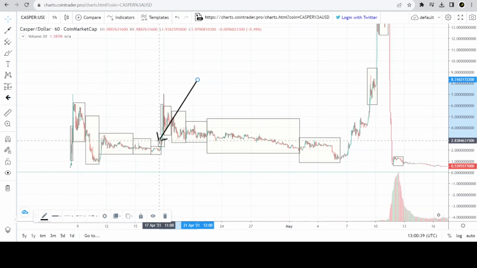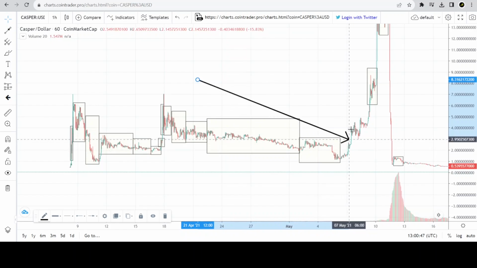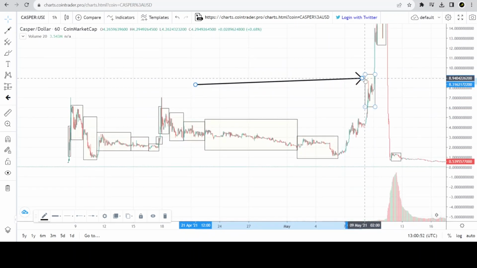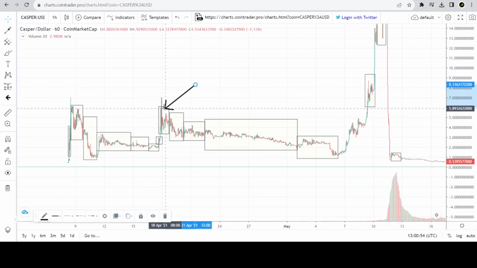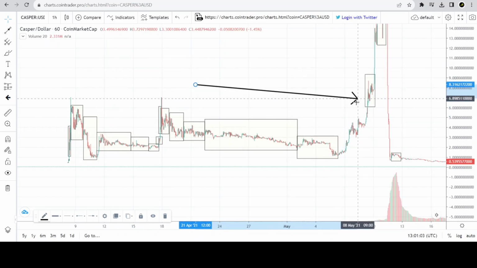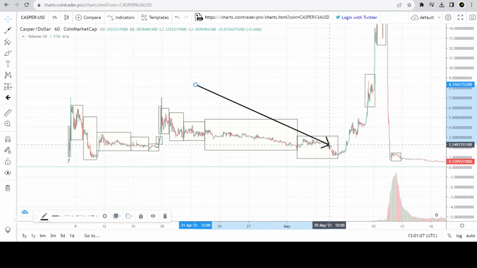It has a decline, it has a sideways range-bound time, it has another bull run, it has another decline, it has another sideways range-bound time, and then it has this massive, massive bull run that took place. All these bull runs have the exact same structure. This is the structure that will repeat when the bull run takes place.